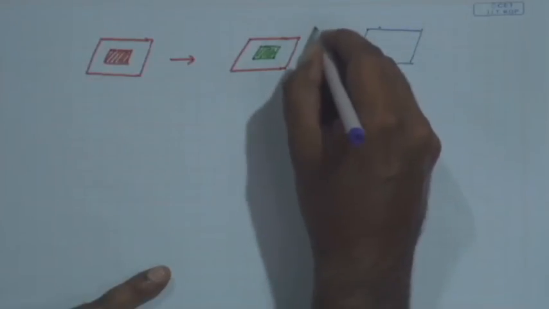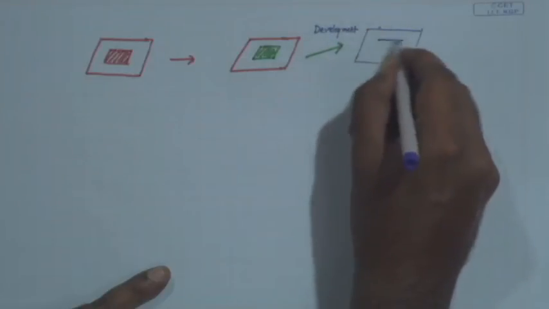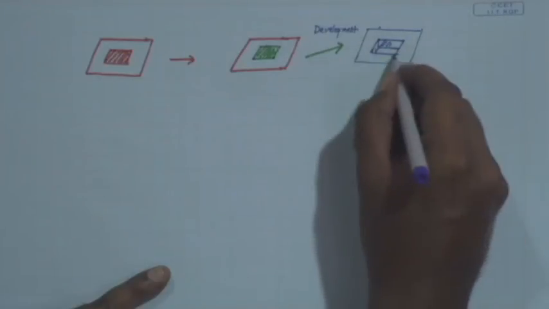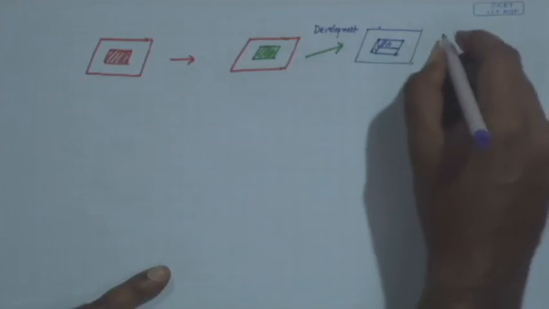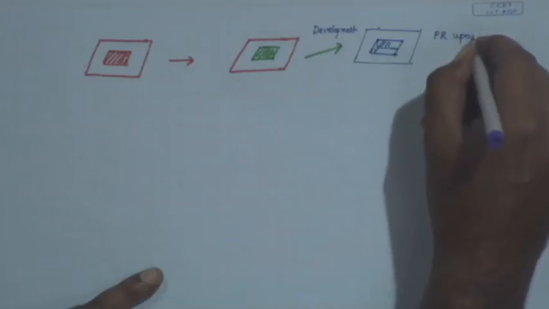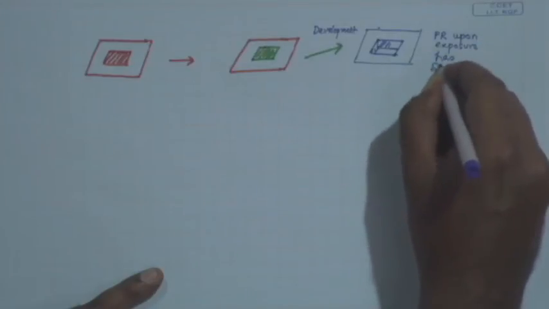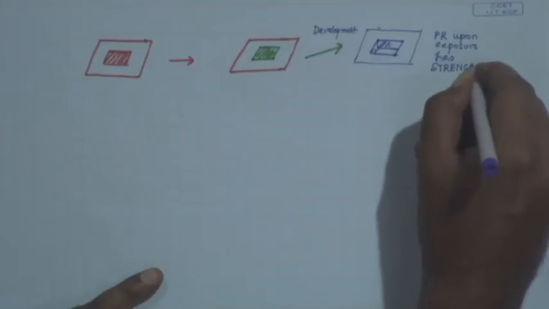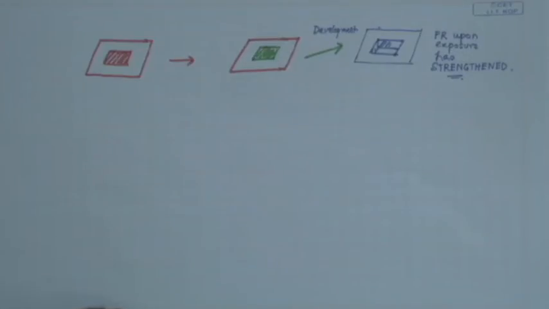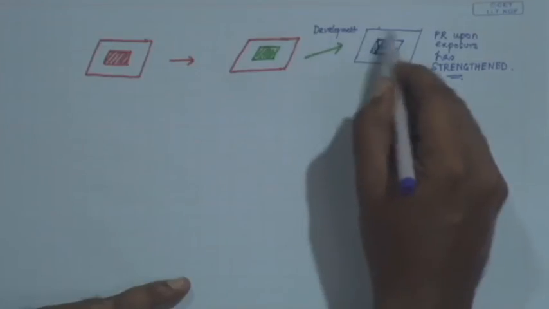Upon development, so this is the development stage, we find that the original photoresist that was resting over this area has been removed. So, what are the conclusions? This particular photoresist upon exposure has strengthened as compared to the original photoresist, and therefore, it has led to a structure like this.